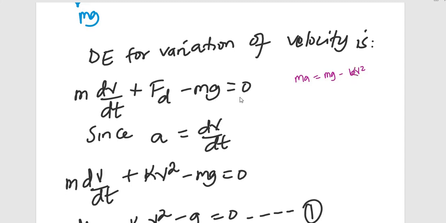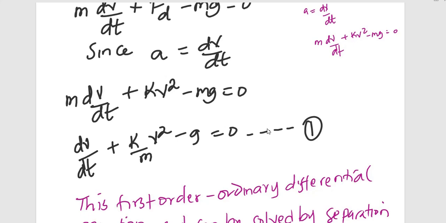When I substitute it in here, I know already that acceleration is equal to dv/dt. So m dv/dt, if I bring them all this side, it will be plus kv squared minus mg is equal to 0, as shown here. Since acceleration is the rate of change of velocity, it becomes m dv/dt plus kv squared minus mg.